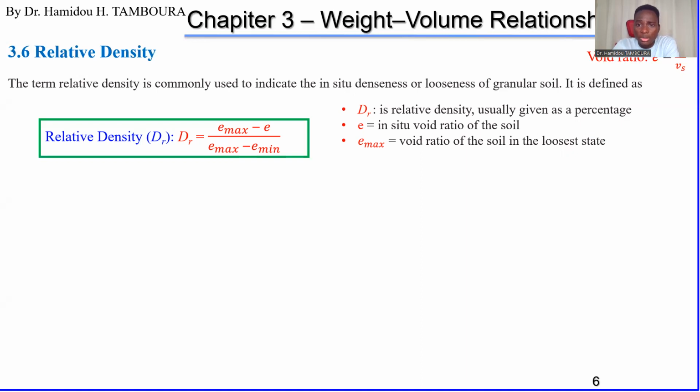This is the meaning. So e max is for when the soil is at its loosest state.